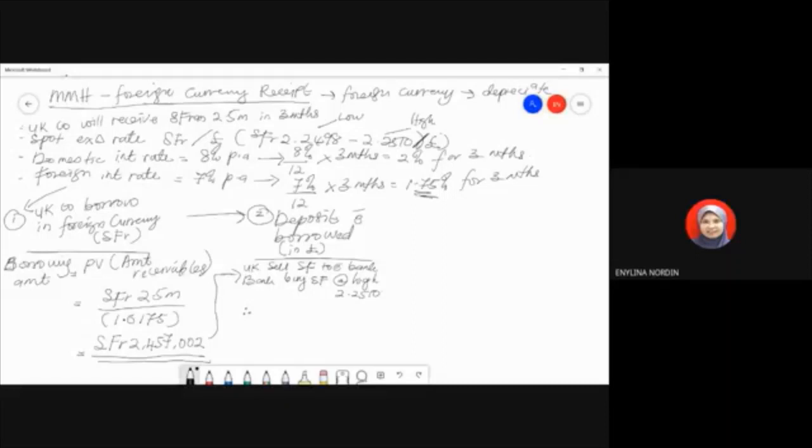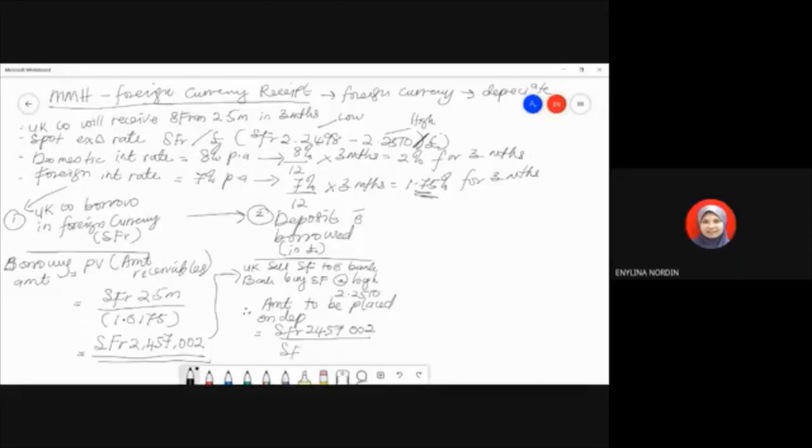So therefore, the amount that should be put on deposit is what? Okay, the amount to be placed on deposit is how much? So this Swiss franc 2,457,002, you divide by what?